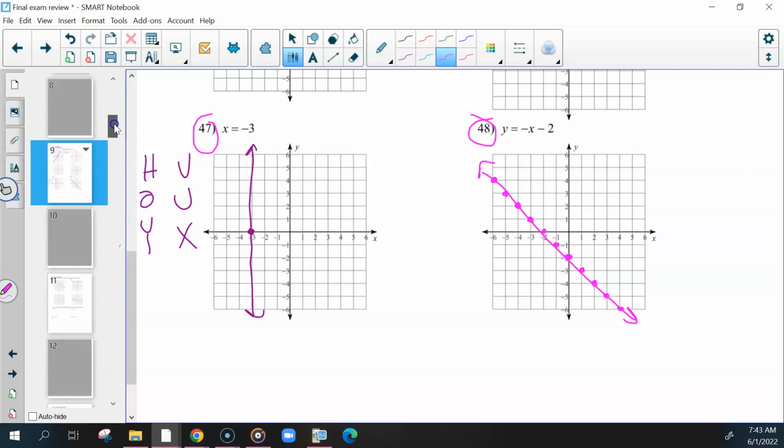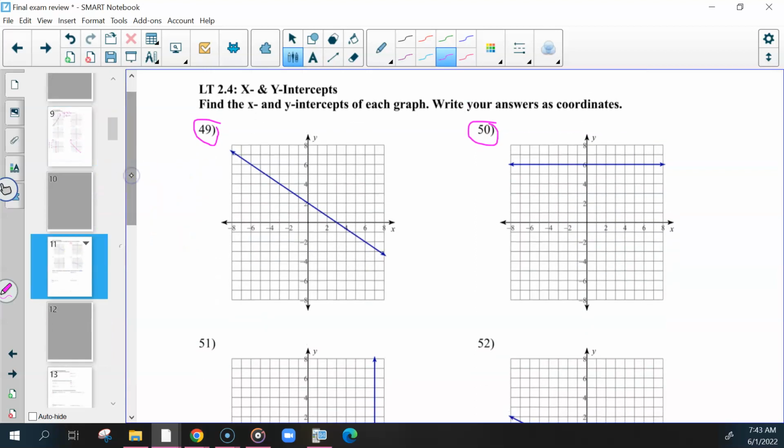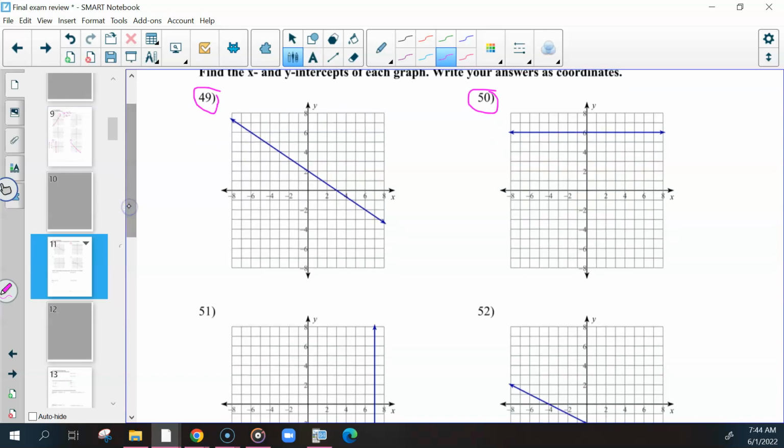On the next page, this is the last objective in Unit 2A. Intercepts. So the first section is finding intercepts from a graph. Wherever this line crosses the x and y axis would be your x and y intercepts.